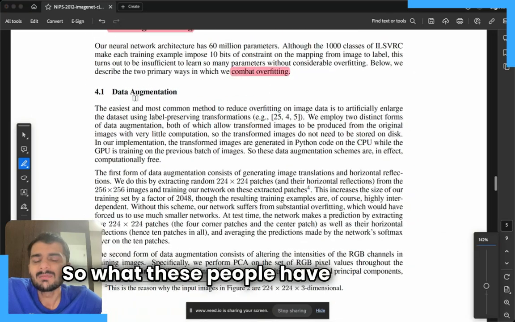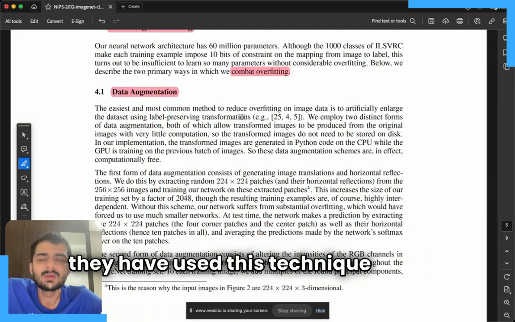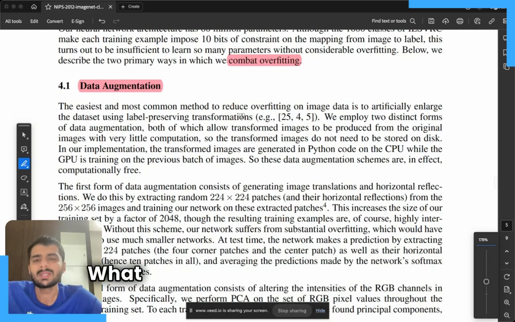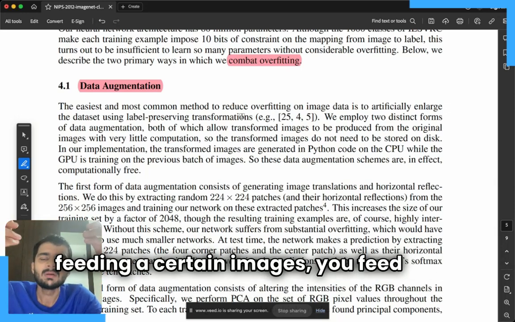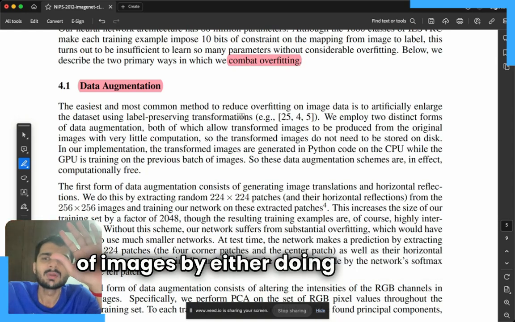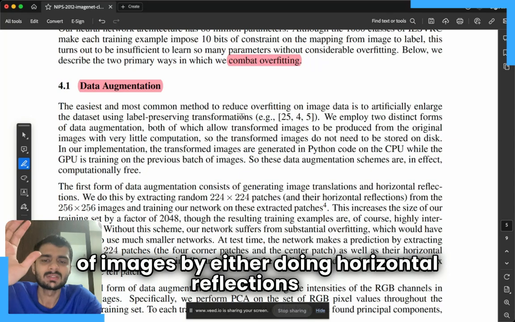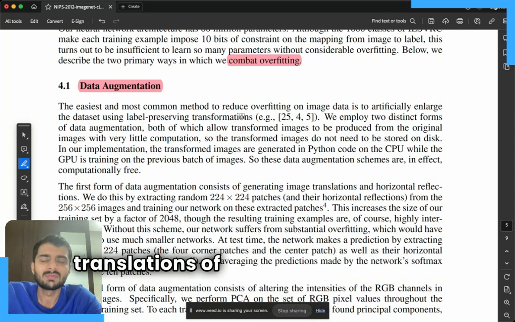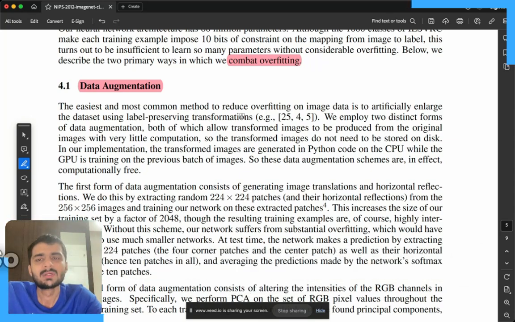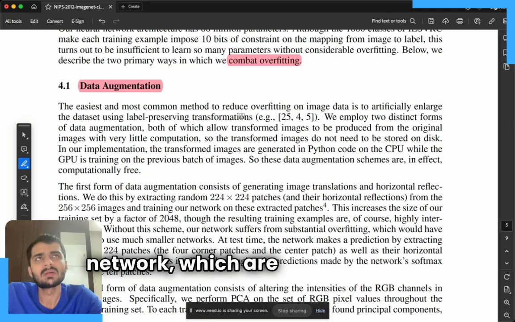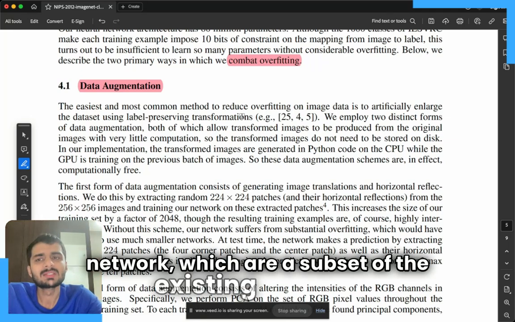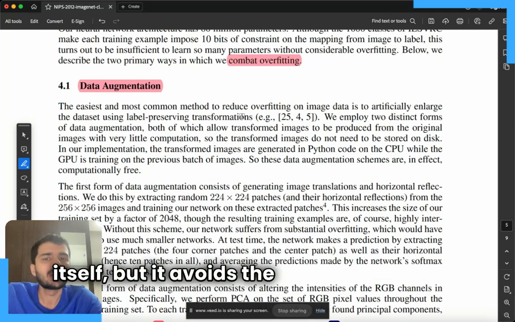What these authors have done is use the technique of data augmentation. What that means is that if you are feeding certain images, you feed more images by doing horizontal reflections or translations of that particular image itself. This gives more images to the network, which are derived from the existing images, but it prevents the network from overfitting.